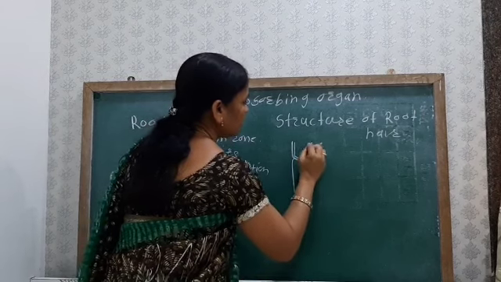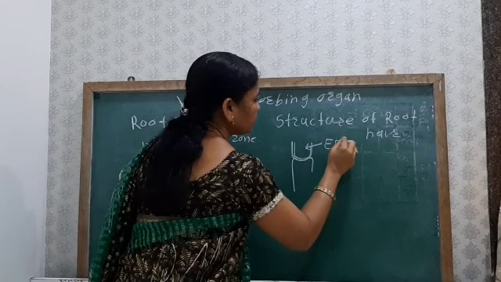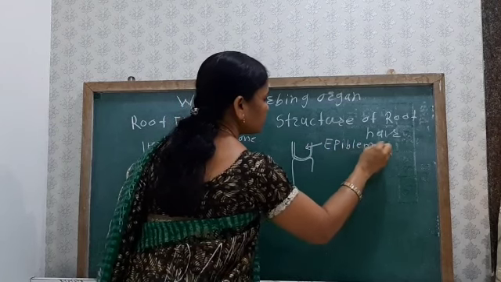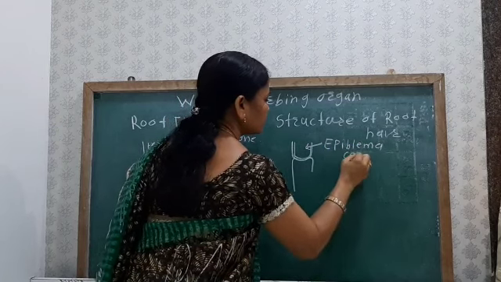Here one cell of the epiblema elongates and produces the root hair.